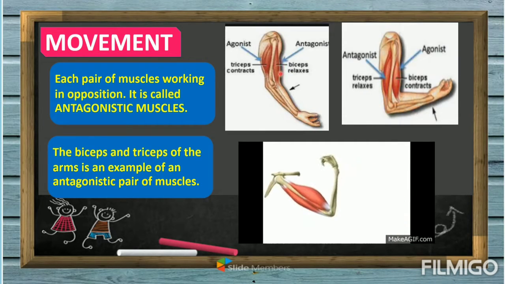So this is what we call antagonist and agonist. Then the same here: the biceps contracts, or the muscle becomes smaller, so there is force being done here, and the triceps is in a relaxing mode. So this is what we call antagonistic muscles, one relaxing and one contracting.